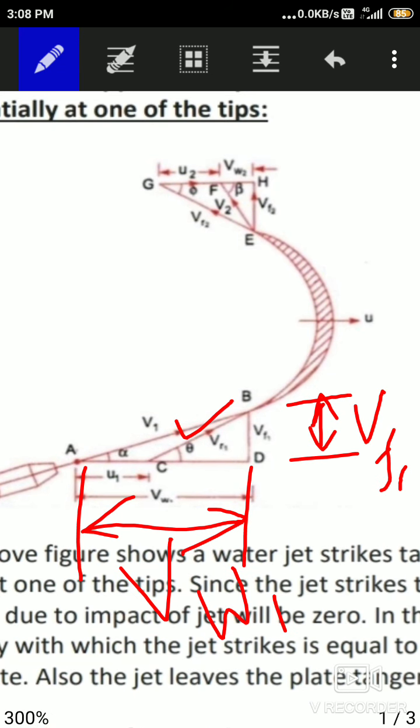So VW1 is the horizontal component of V1, and VF1 is the vertical component of V1.